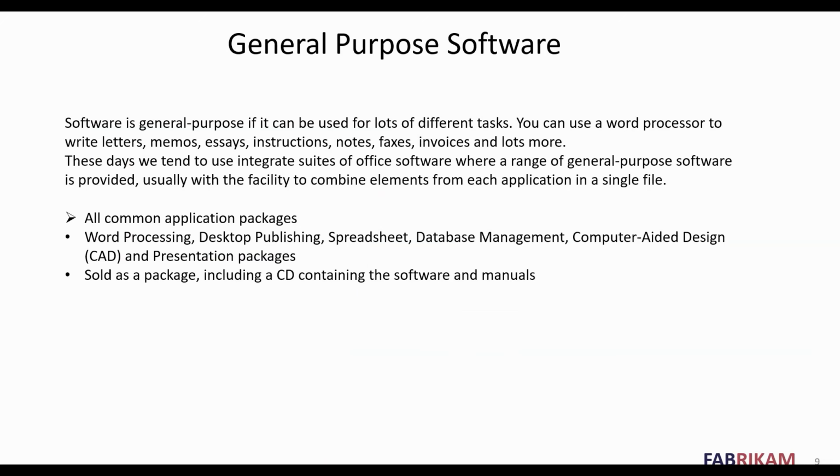These days, we tend to use the integrated suite of Office software where a range of general purpose software is provided, usually with the facility to combine elements from each application in a single file. All common application packages, for example, word processing, desktop publishing, spreadsheet, database management, computer-aided design, and presentation packages, are sold as a package including a CD containing the software and manuals.